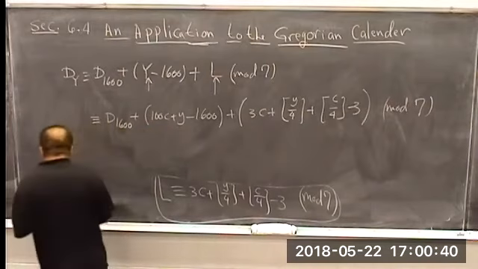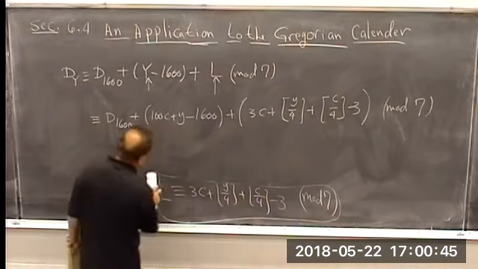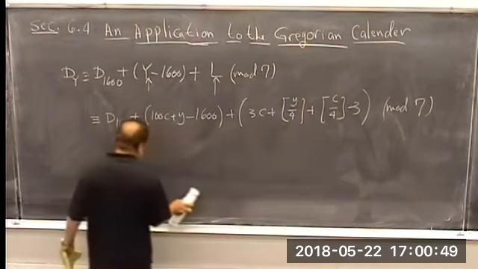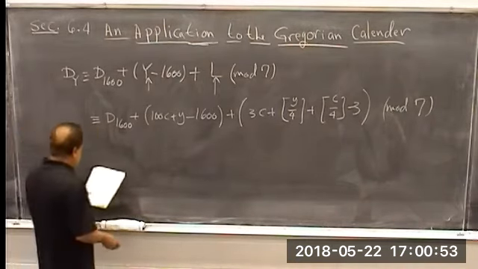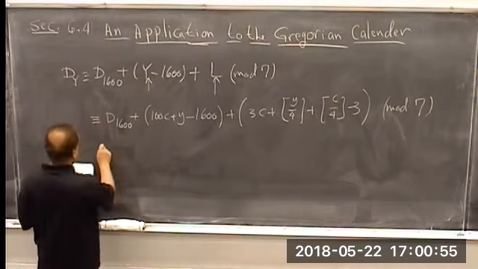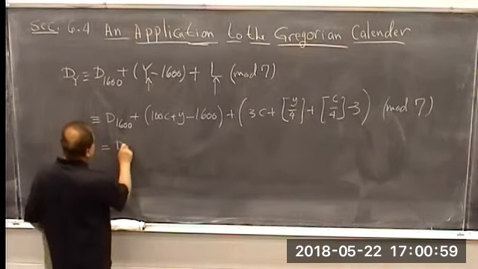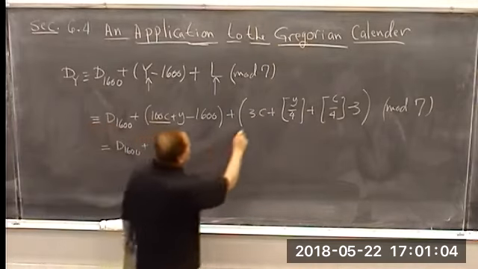Again, when we simplify all of this, we can have it concisely written, using congruences again, D1600 plus this one and this one.